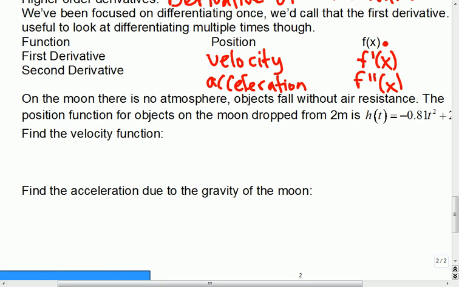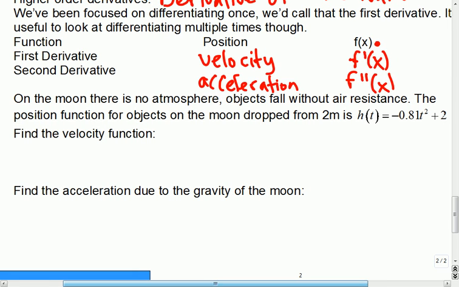So if we're on the moon, there's no atmosphere, which is convenient for physics because there's no resistance from wind or air. The position function, if we were to drop something from 2 meters, is given here. We're not actually interested in finding any specific data, but basically this is like an astronaut holding a golf ball up at about 2 meters, and they let it go. So what would the velocity function be on the moon for this golf ball to drop?